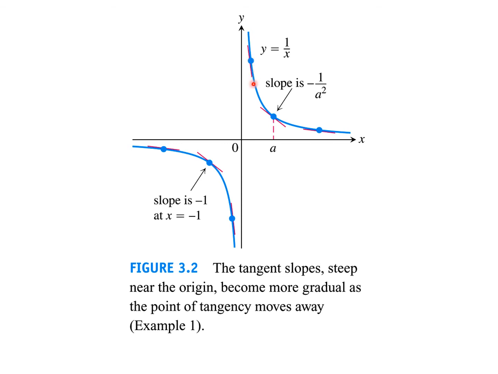It's going to be very steep here, but then the slope is going to start to become gradual. What you see here is the slope at the point a is 1 over a squared, as we just finished in the exercise in the previous slide. Also, if this point is -1 for x, then the slope will also be -1, as we mentioned in the previous slide when we solved the exercises.